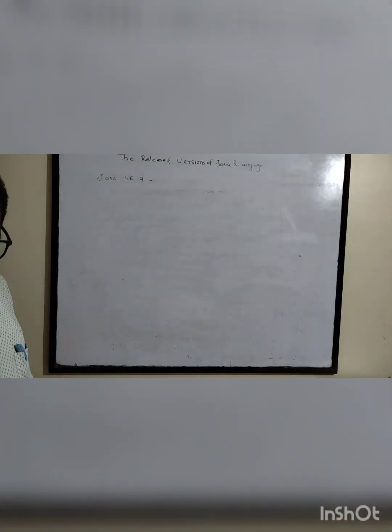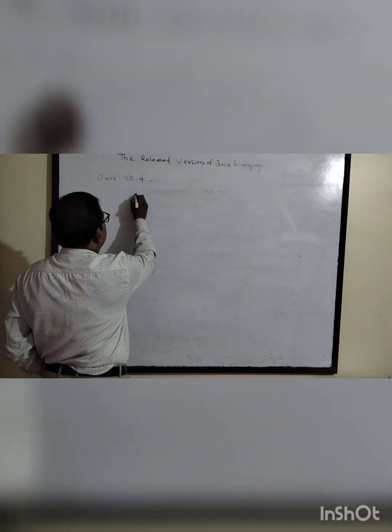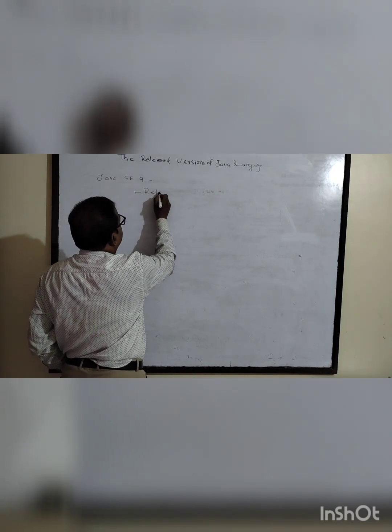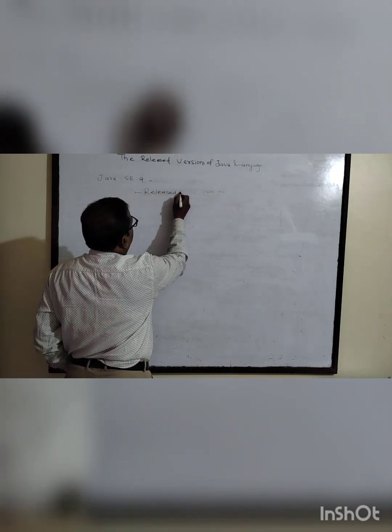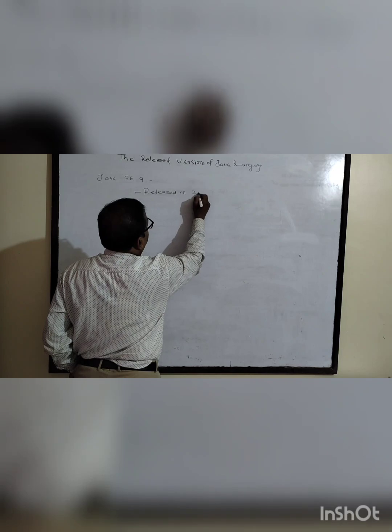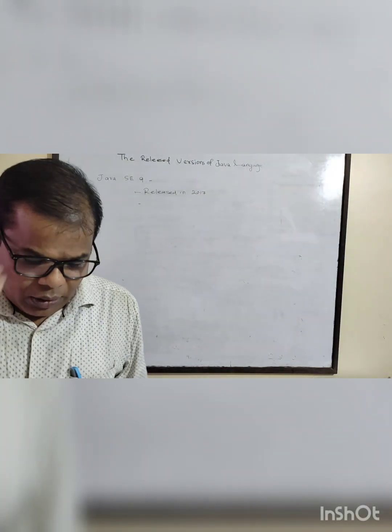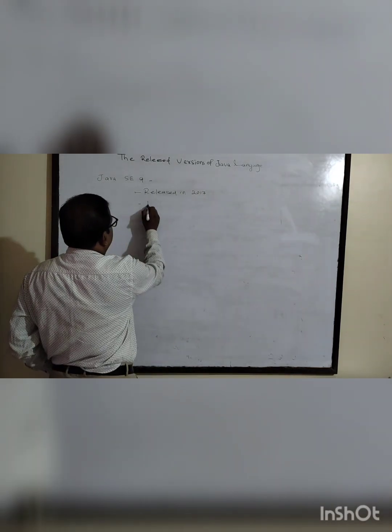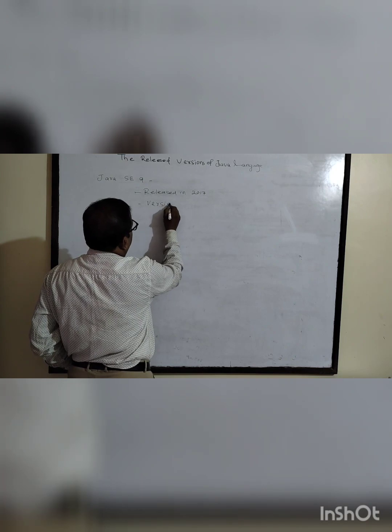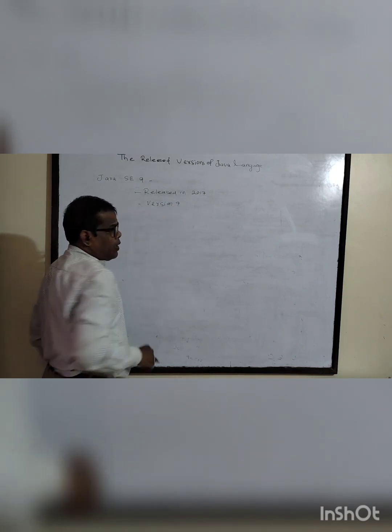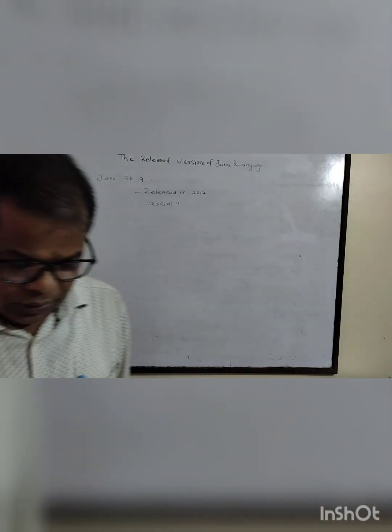If you see Java Standard Edition 9, it was released in the year 2017. Here the version is 9. And what features does it come up with?